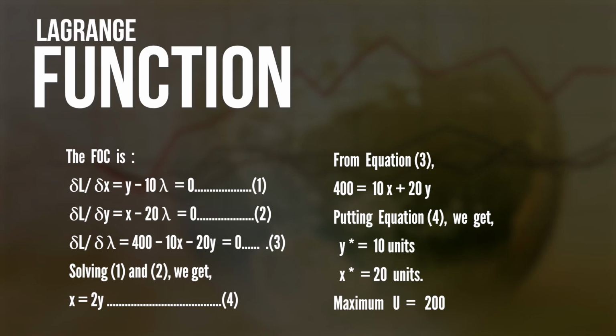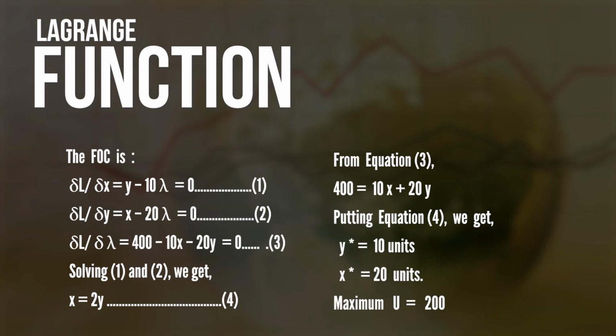So by setting the derivative equal to 0, we get x equals 2y from equations 1 and 2, because these are definitely del L del x equals 0, del L del y equals 0. And then we have del L del lambda, which is based on the Lagrangian multiplier. So from equation 3, we can see that 400 equals 10x plus 20y.